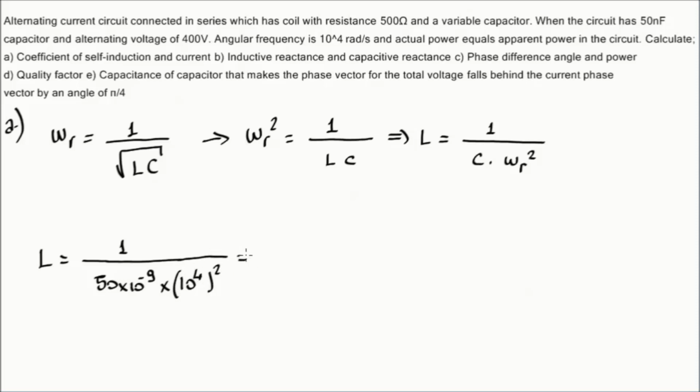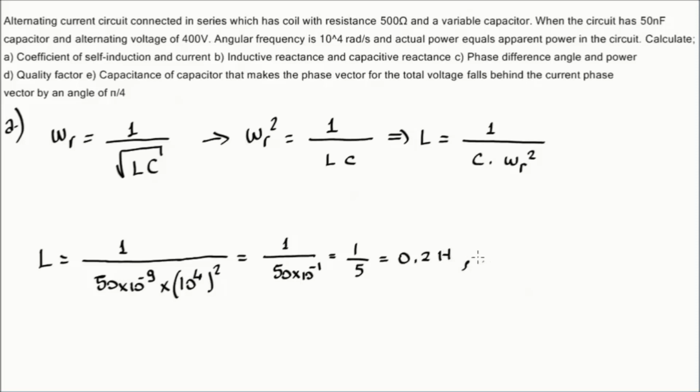It's going to be 10 to 8. 10 to 8 and 10 to minus 9 are going to cancel each other. It will be 10 to minus 1. 1 over 50 times 10 to minus 1 is going to be 1 over 5. So it will be 0.2 Henry, which is the self-induction coefficient.